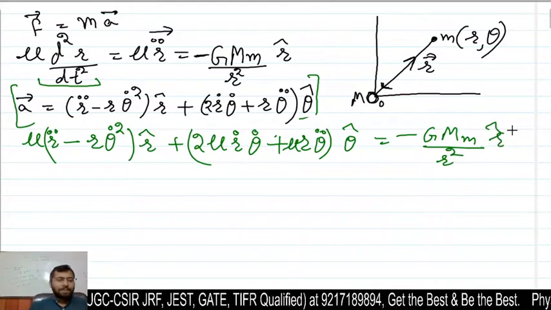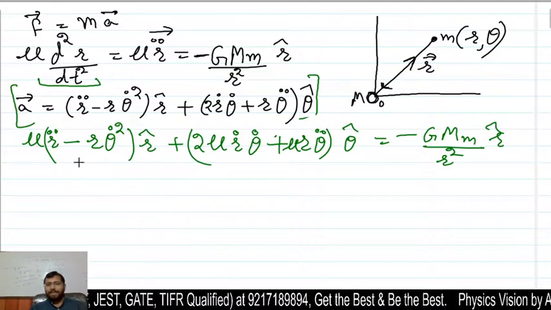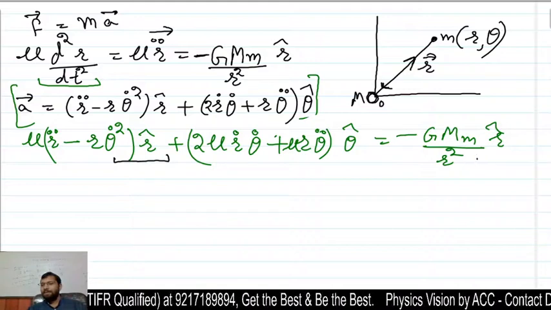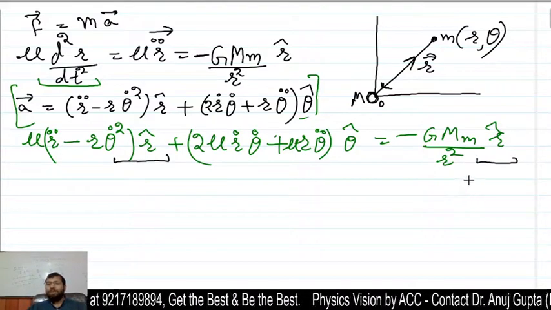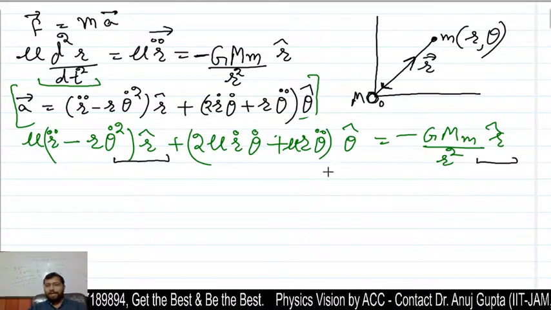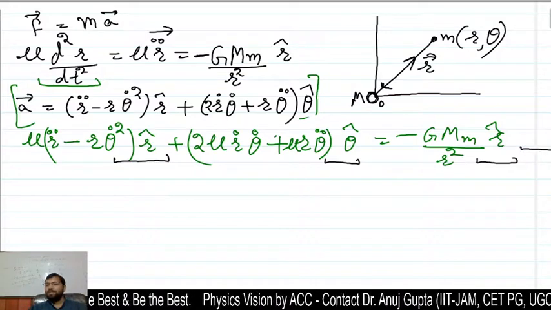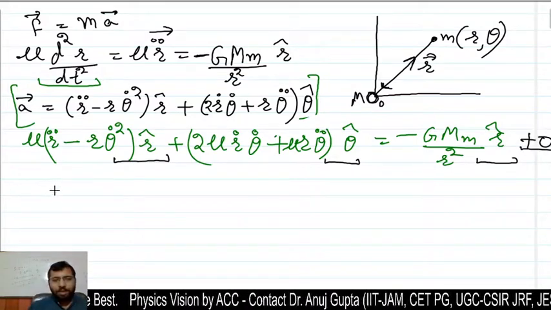Now what is the next step? We need to compare the two sides. The coefficient of r cap on one side will be equal to the coefficient of r cap on the other side, and the coefficient of theta cap on one side must be equal to the coefficient of theta cap on the other side, which is 0. So this is our equation.